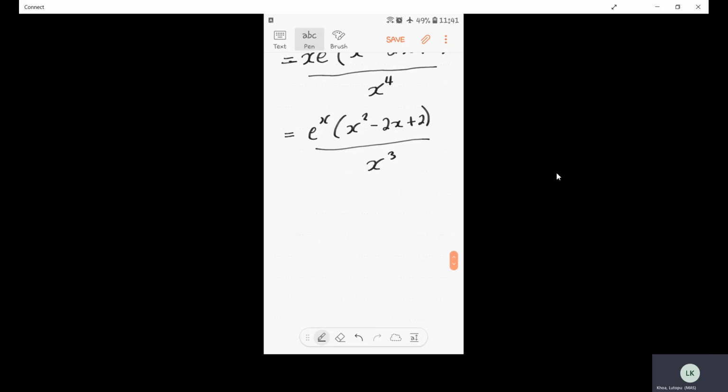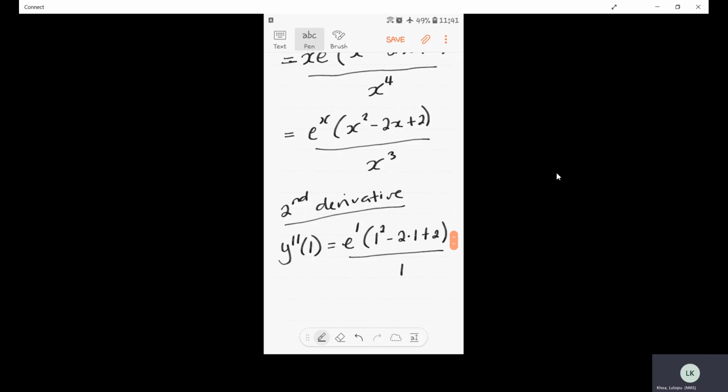Now what I do is I will use the second derivative test. That means I will substitute x is equal to 1 into the second derivative. So I'm looking at y double prime of 1. This is equal to e to the power of 1 times 1 squared minus 2 times 1 plus 2, divided by 1 to the power of 3.